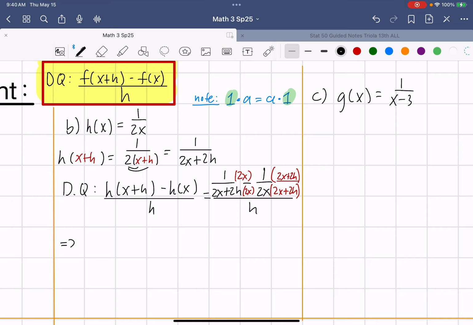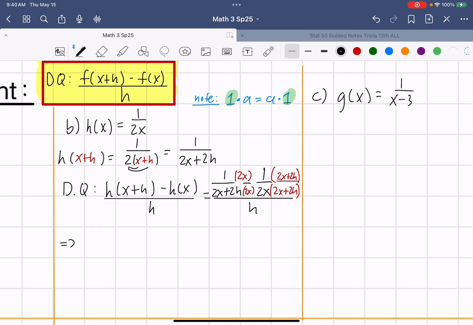So that will be, and the purpose of getting the same denominator is so that you can combine everything into one single fraction. So I will have to distribute this negative that pertains to this 1. I will have to distribute it through. And then 1 times 2x.